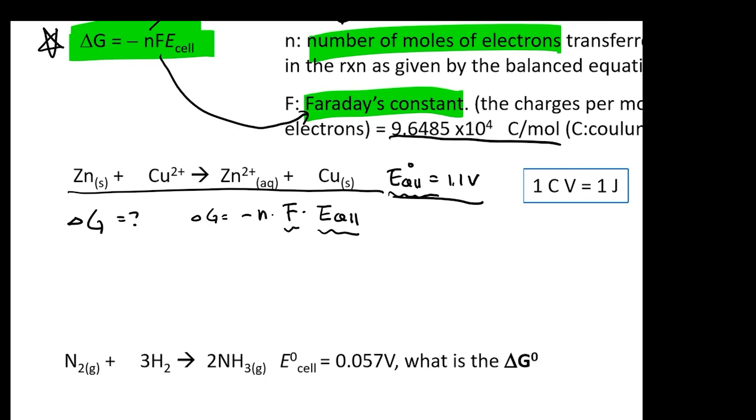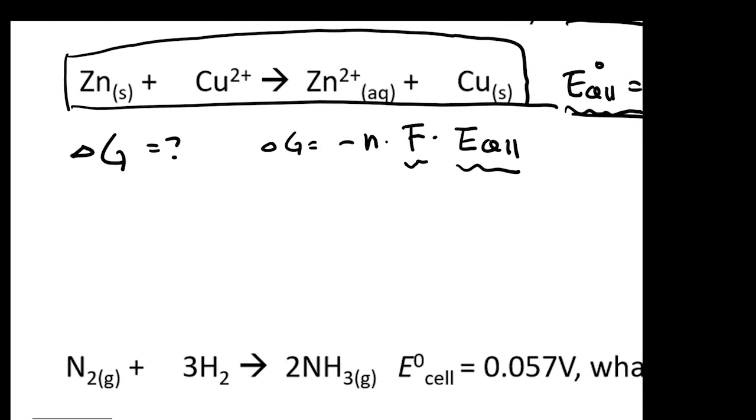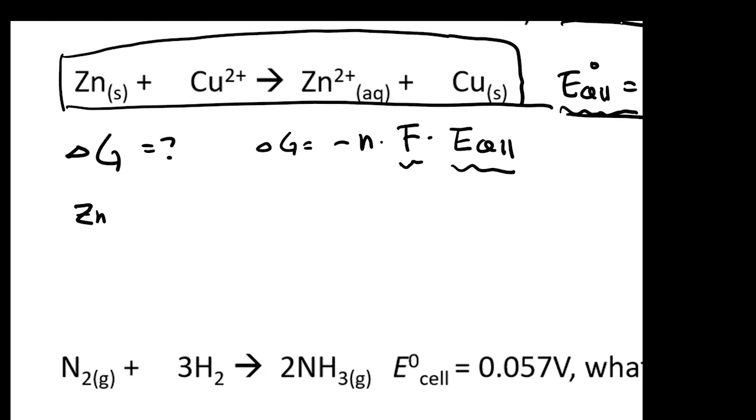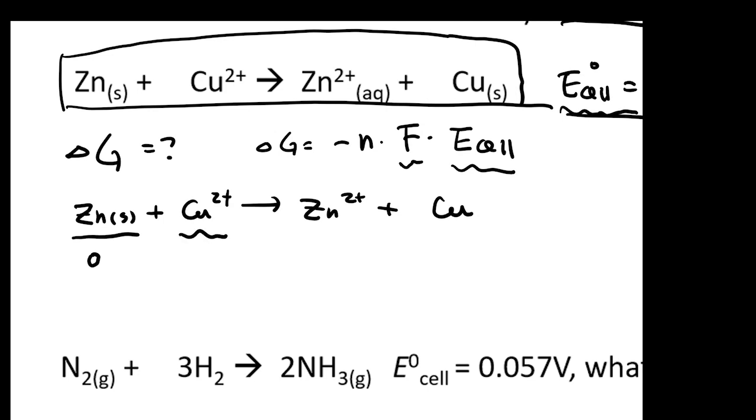So now the question is how many electrons are transferred in this equation. Let's look at things more carefully. Zinc solid plus copper 2 plus gives you zinc 2 plus and copper. What is the oxidation number of your zinc solid? 0. Copper 2 plus, zinc 2 plus, 2. Copper 0.